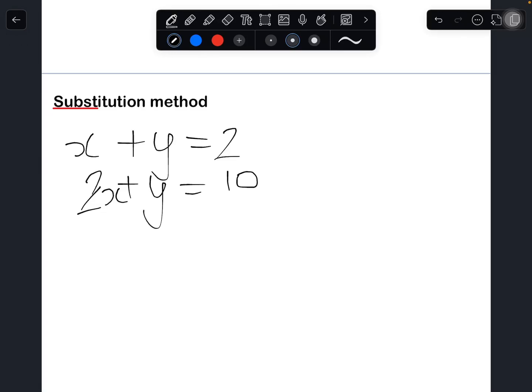So how the substitution method works is we're going to make one of them the subject of our formula. So let's make y the subject of our formula using the first equation. So we'll say y equals 2 minus x.